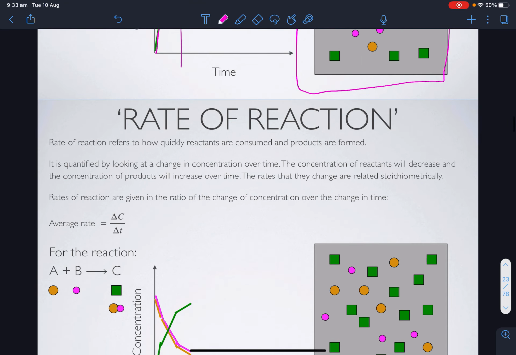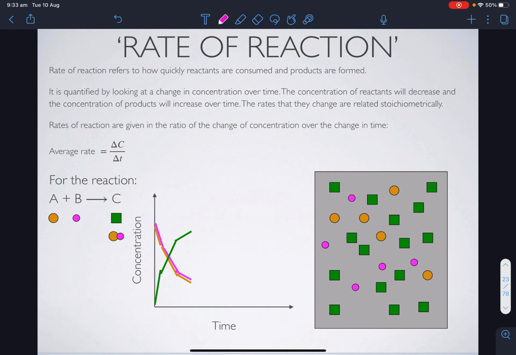Okay, let's take a step forward again. Roughly the same amount of time again, and you can see the reaction has slowed down a little bit more as well, because again we're forming more green, so it's blocking the way, and also there's less orange and pink to meet each other successfully. So it's getting harder and harder to form the product because the reactants are finding it harder and harder to find each other.